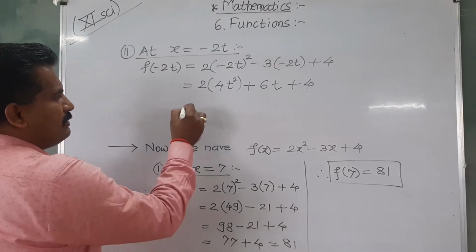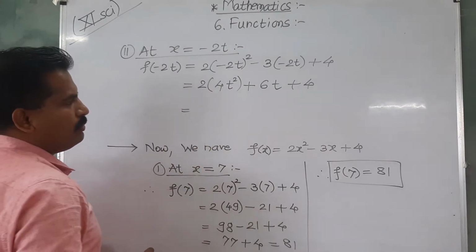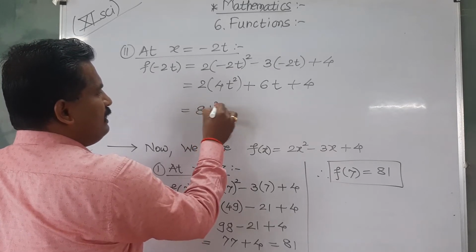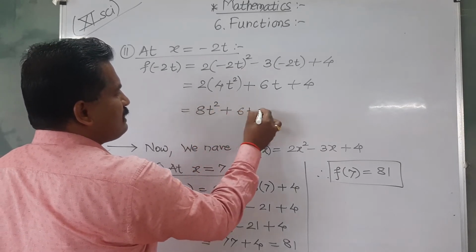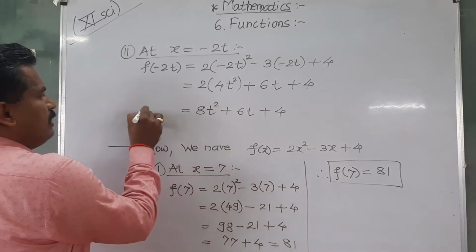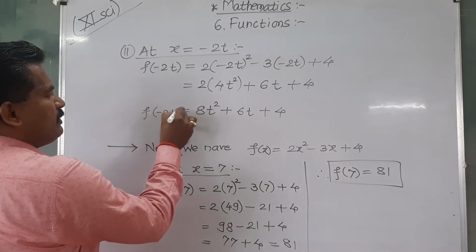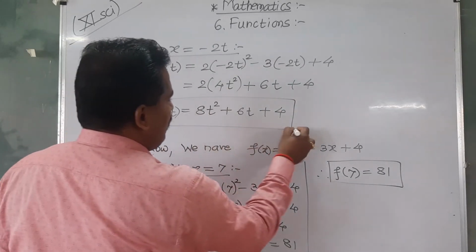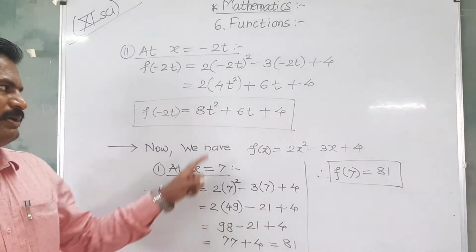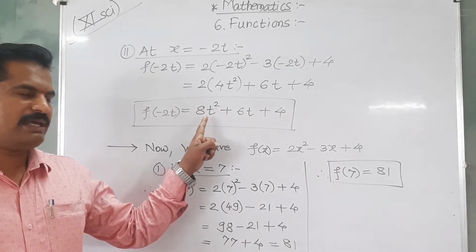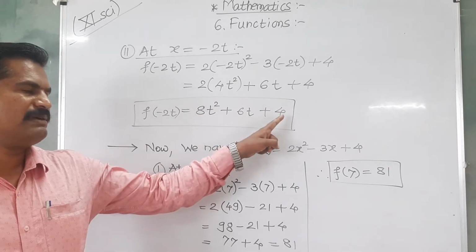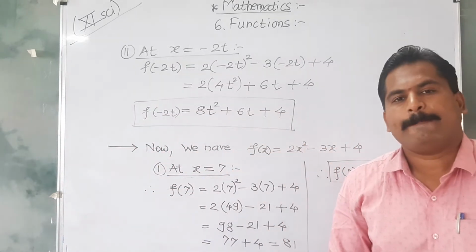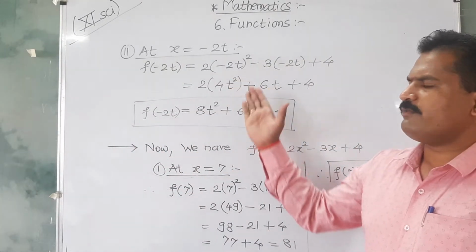And lastly, multiplying 2 with this quantity, we get 8t square plus 6t plus 4. It is f of minus 2t. Hence, the value of the function at minus 2t is 8t square plus 6t plus 4. It is correct. Okay.